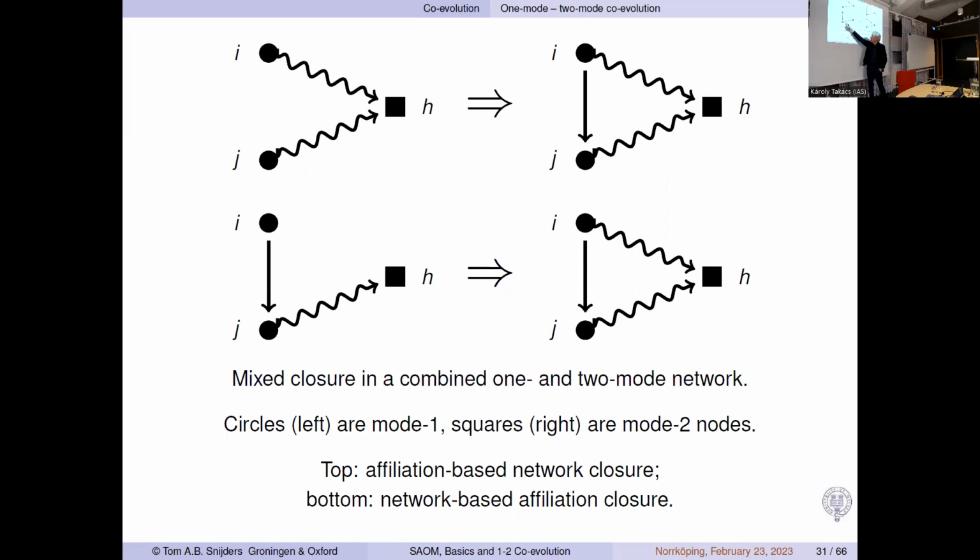And here, being influenced, as it were, by the friend to do the same activity. The top can be called affiliation-based network closure, and the bottom can be called network-based affiliation closure. So the question then is, for which of these two processes do we see evidence?